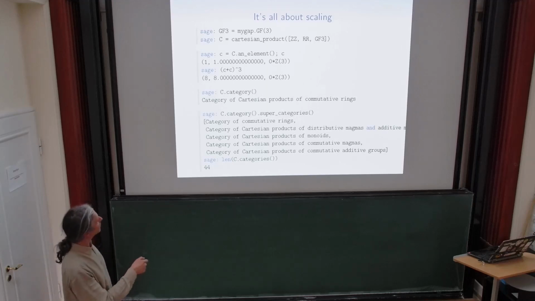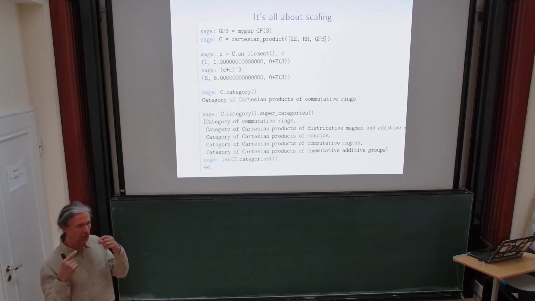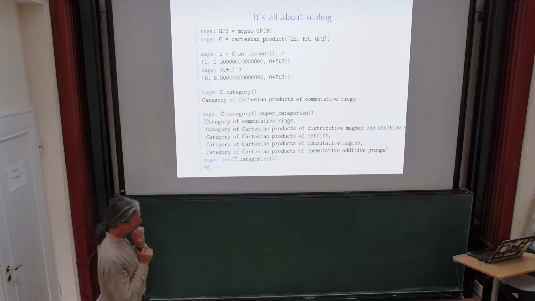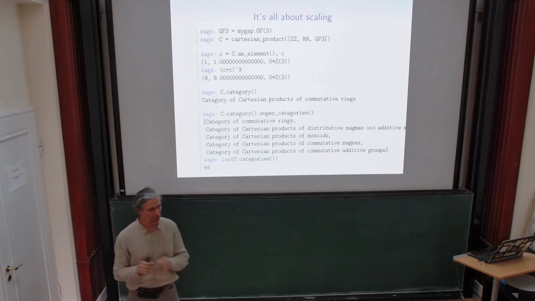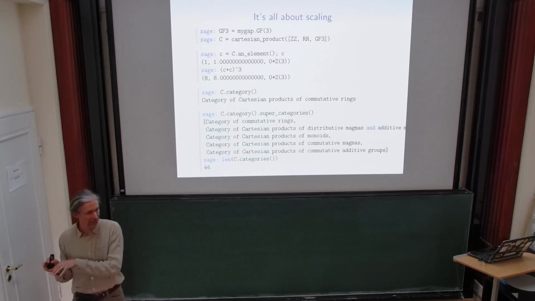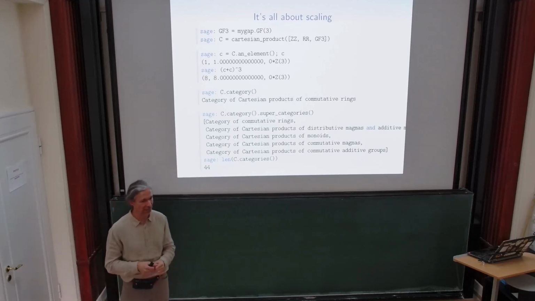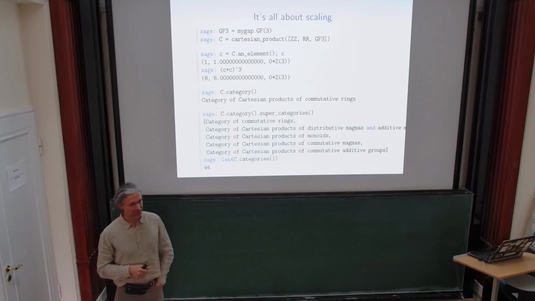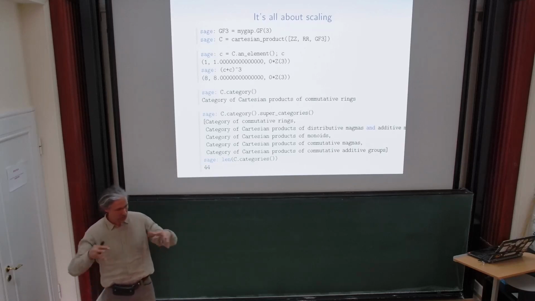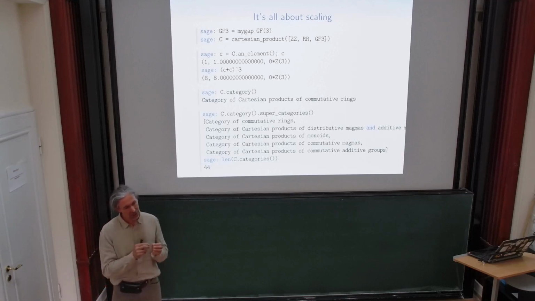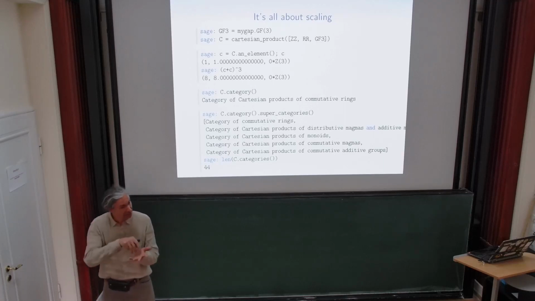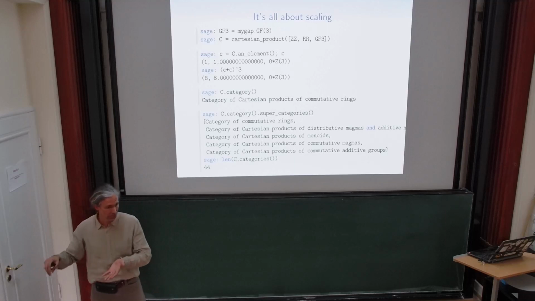Well, you want a category because, if you're a Cartesian product, you will explain how you do addition by delegating. You will explain how you do multiplication by delegating. And you will explain how you compute one by delegating. Couldn't that be an implementation at the level of the concrete thing? You could do this, but then for this concrete thing, we need to know how you do this delegation for each and every possible structure.